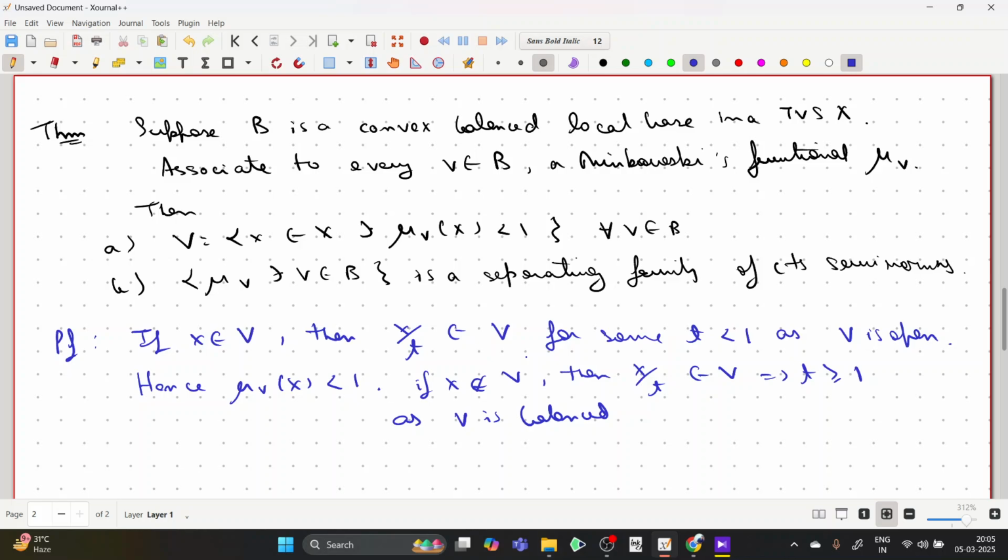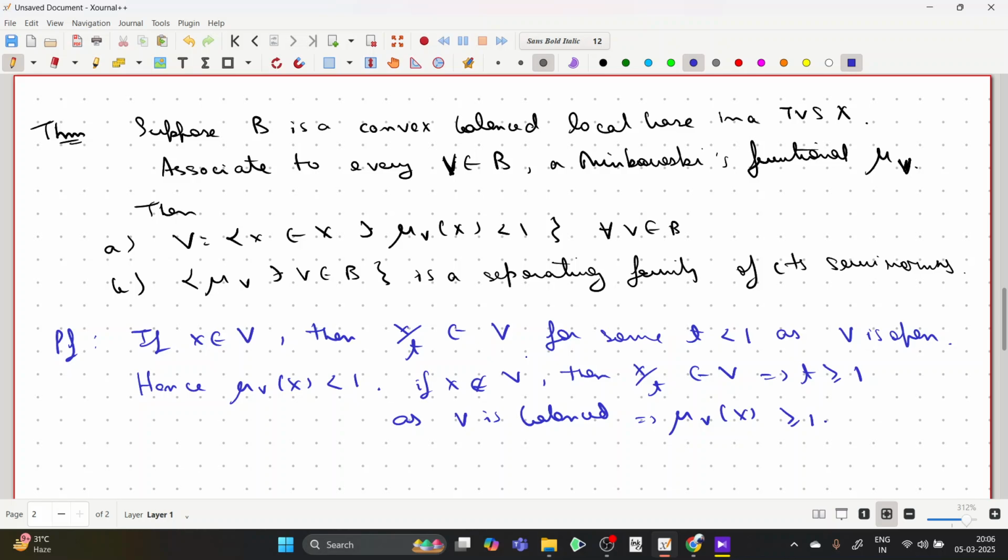So B is a convex balanced local base, right? So V is a convex balanced neighborhood. I think this should be capital V; this looks like an element rather, but this is capital V. We are talking about the set. As V is balanced, this implies that mu V of x is greater than or equal to 1.